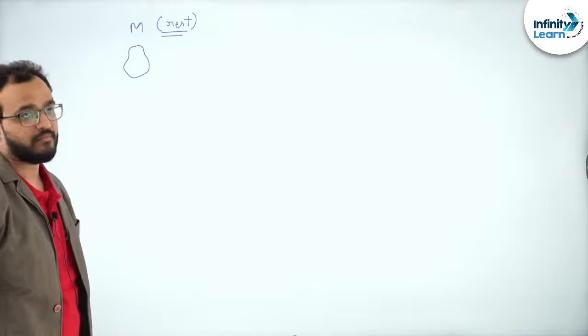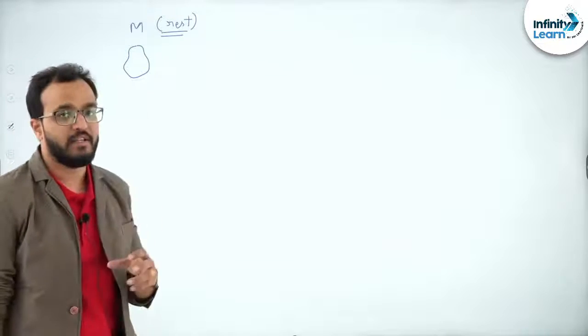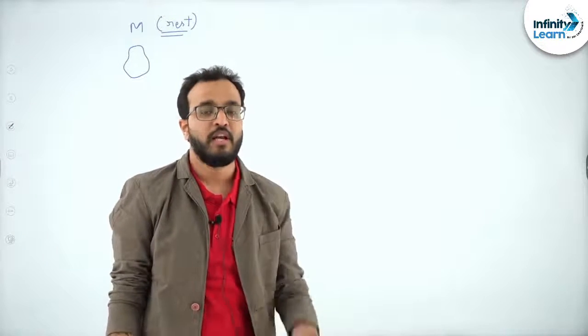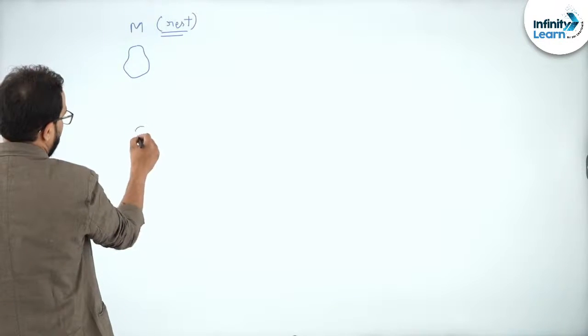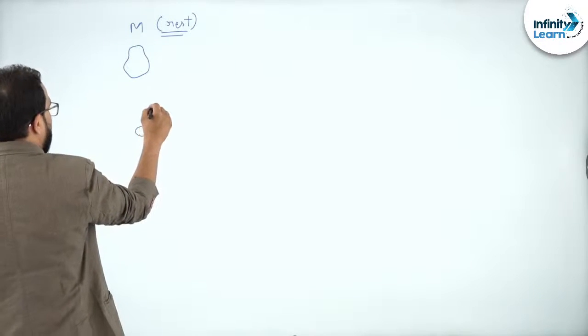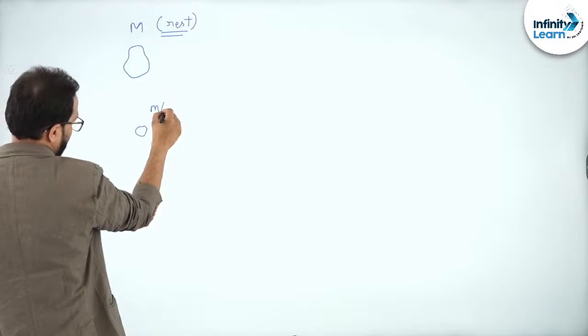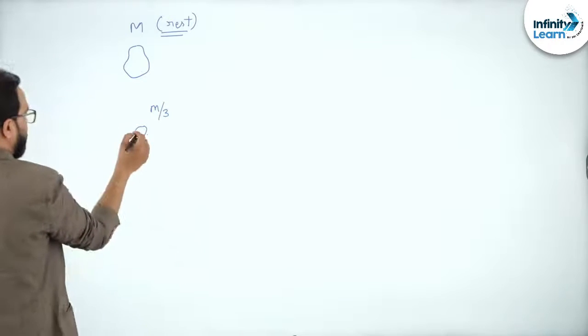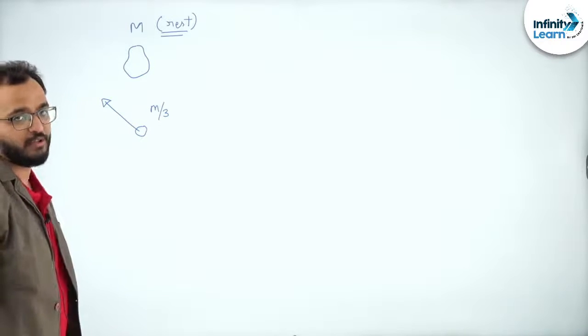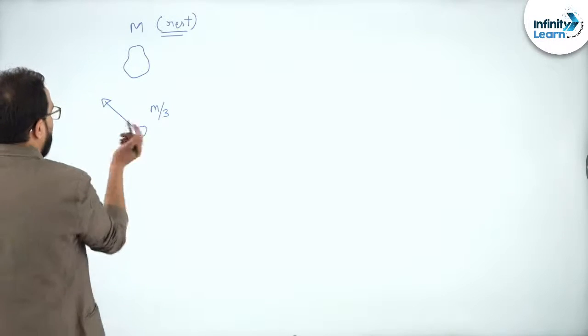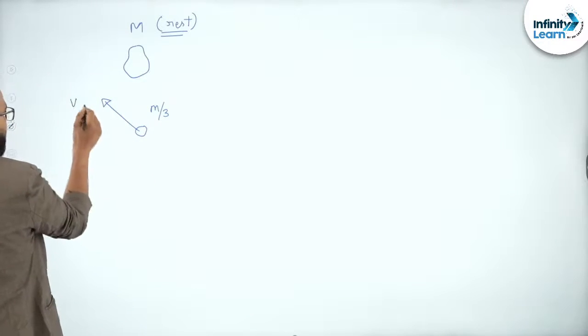Now, this bomb actually explodes into 3 components in such a way that one component whose mass is m by 3 flies off in this direction with a velocity v.